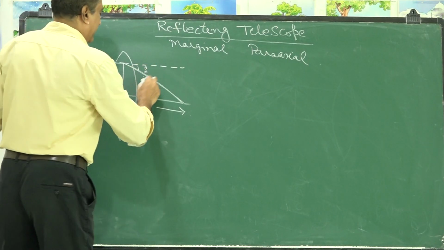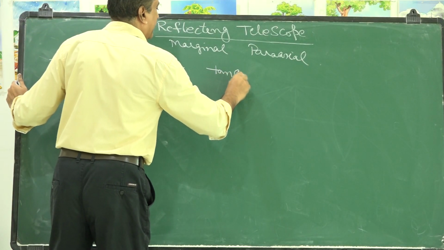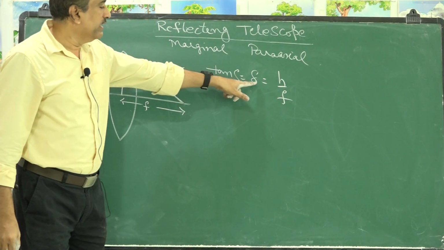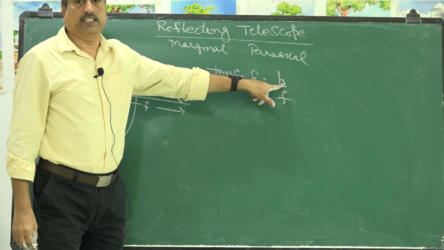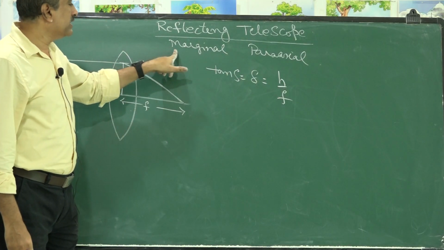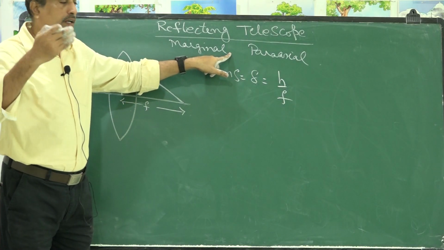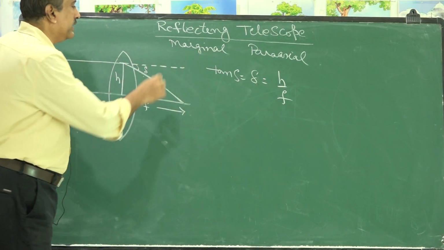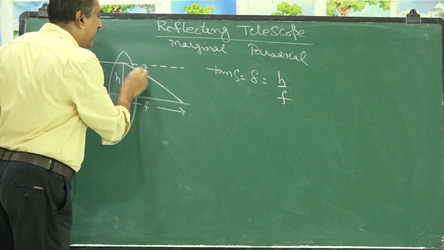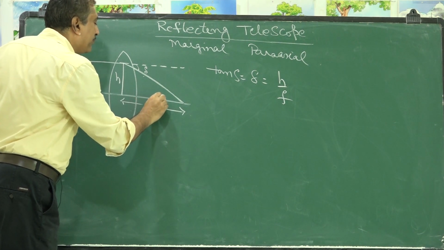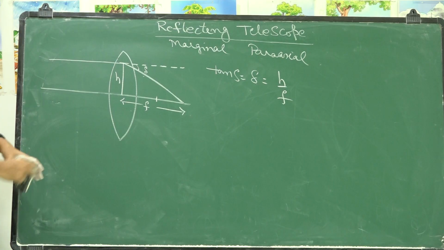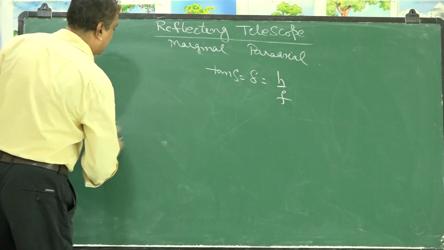Now, this deviation angle, tan delta is equal to delta, that is h by f. This deviation increases with the distance h. That means the marginal rays deviate more compared to the paraxial rays. That means these marginal rays will form an image very close to the lens, whereas the paraxial rays form an image at a far point like this.